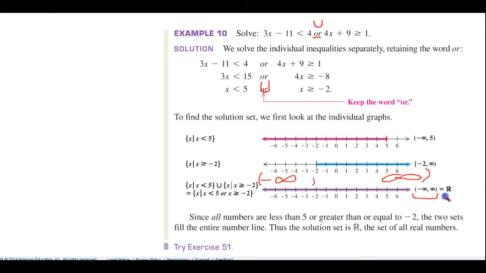That is, in essence, all real numbers. Now this would be your set builder notation, but actually the union of this is all real numbers. So that's, again, I like the textbook. They did a really good job on this.